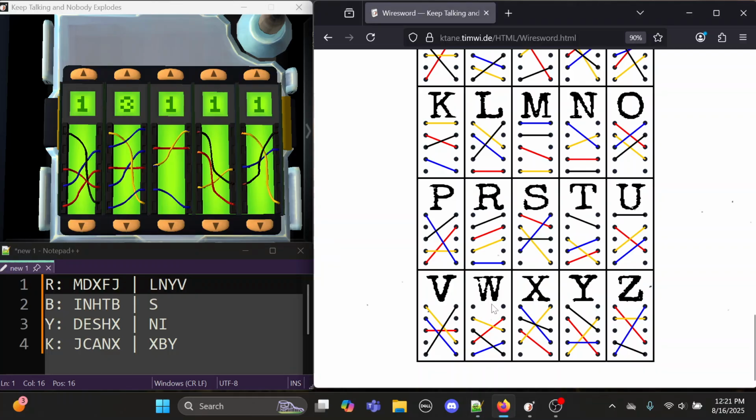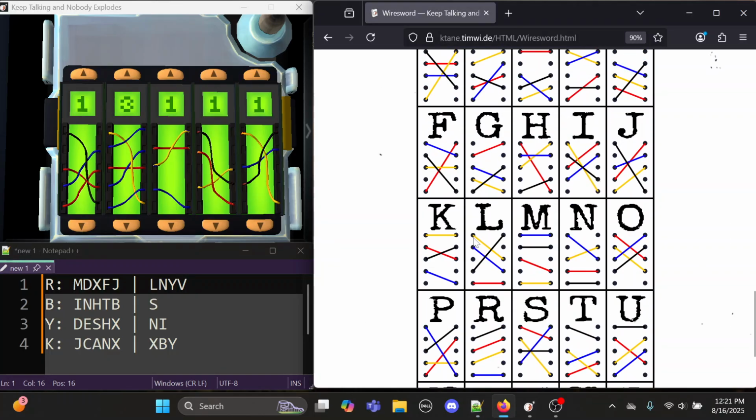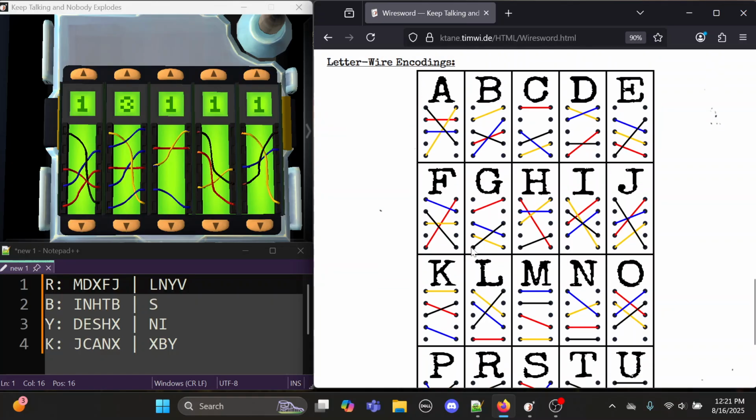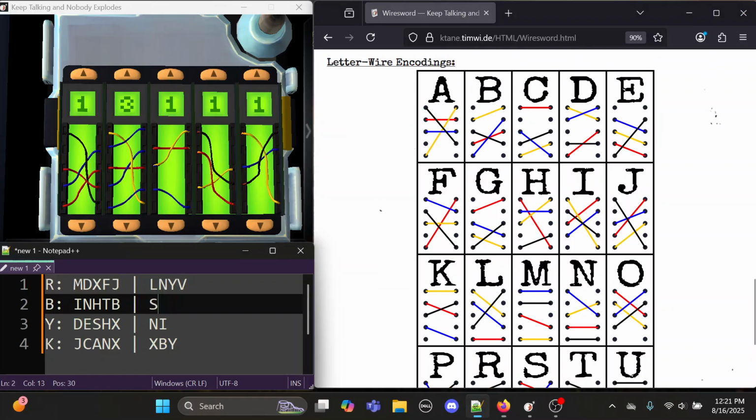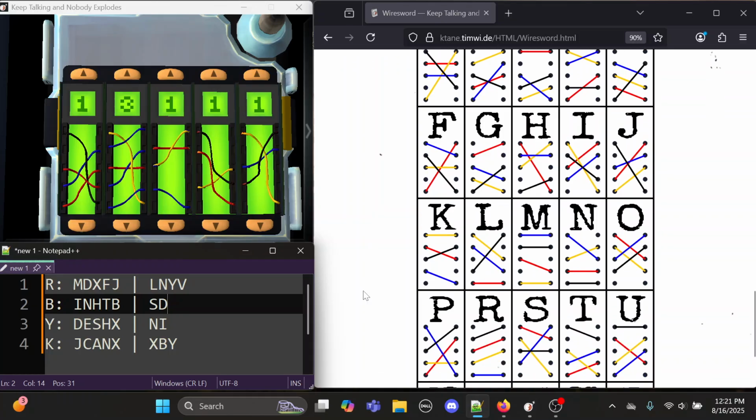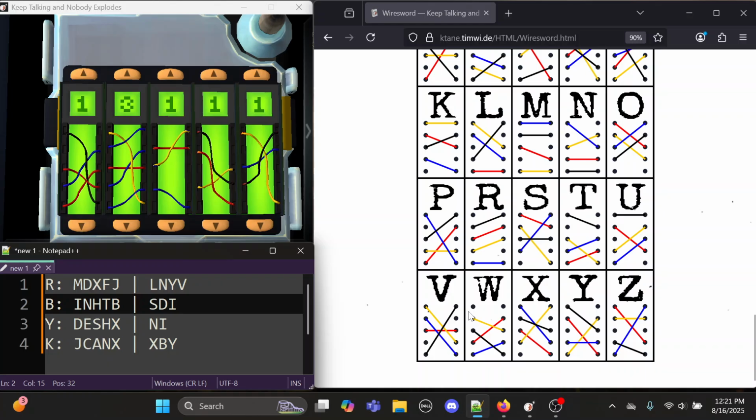Then we have the blue 2-1. 2-1 is Delta. We have 4-2 and a 5-4. 4-2 is an India. 5-4 is a what? Is a Whiskey.